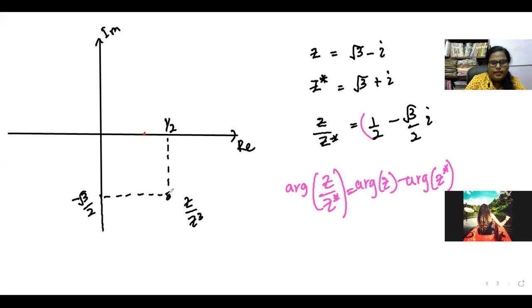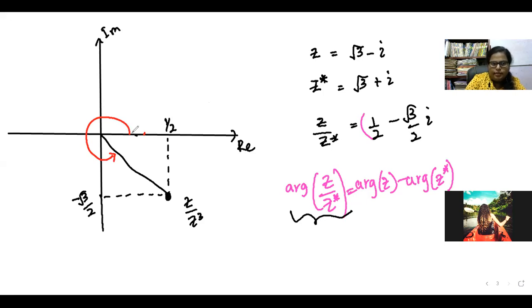So we will take the left hand side first, but we have to take the arg value of this half minus square root 3 over 2 i, right? When you are taking the arg value here, you can connect this complex number with the origin, and the arg value of this complex number is the angle formed by this line with the positive real axis, right?